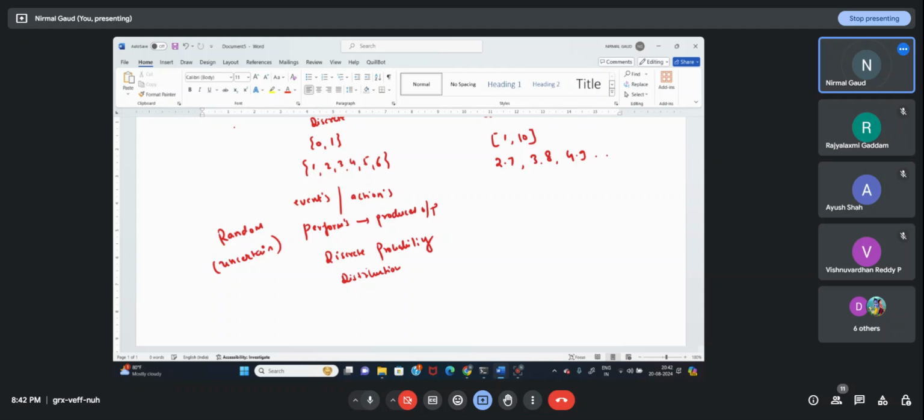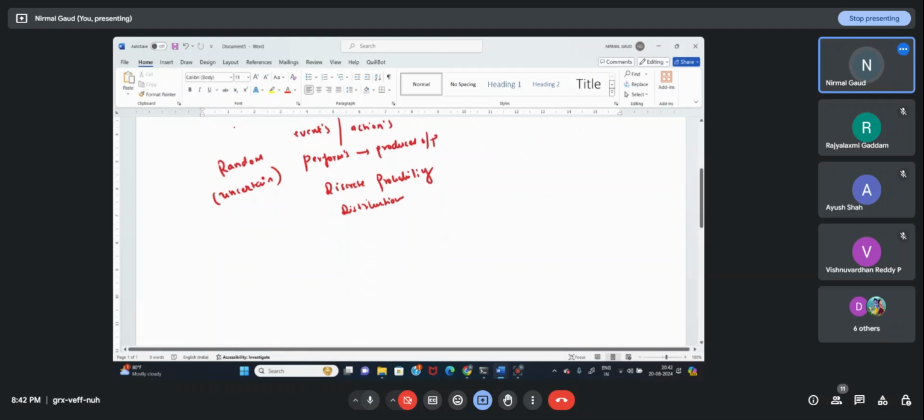For storing those outcomes, we have a random variable. A random variable is a variable which can achieve any value in a distribution.